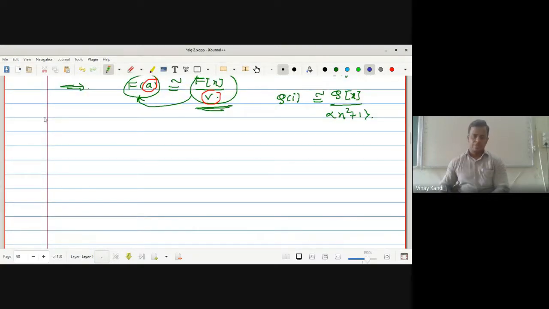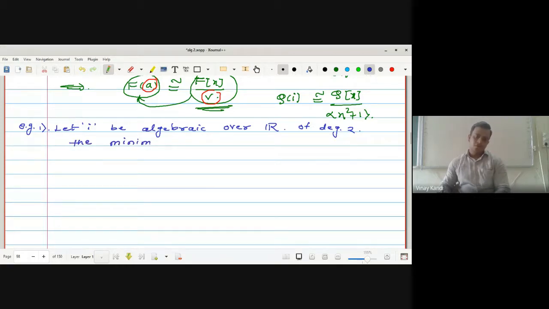Now example number 1. Let small i be algebraic over the set of real numbers. What is the degree of i over R? 2.